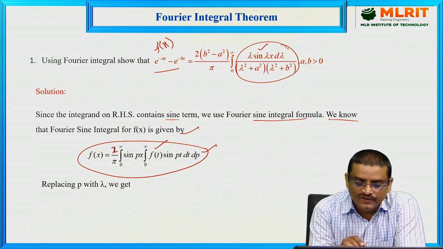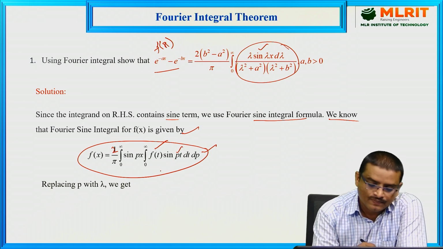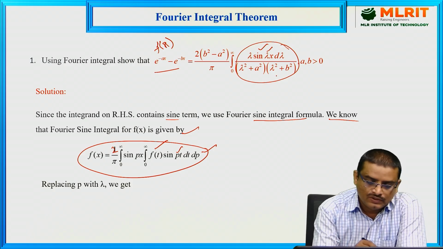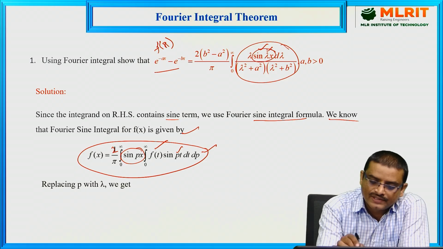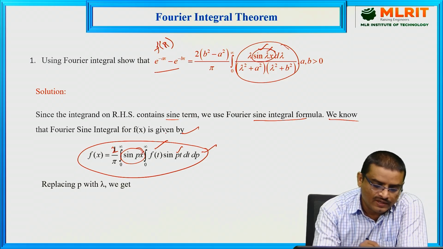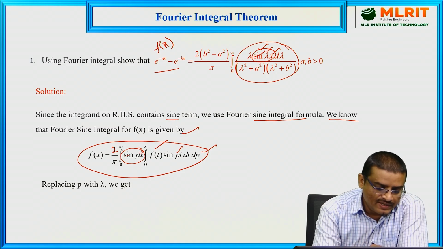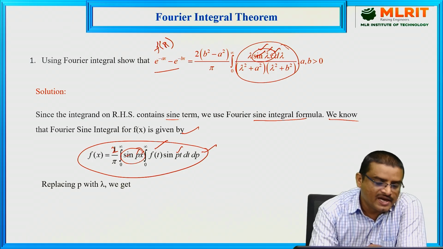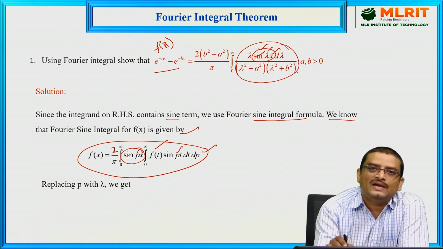And one more thing, if you observe this problem, we have the formula in terms of p, but here we don't have the p. In place of p, in this sine px, here we are having sine lambda x. So x is okay, sine is also okay, and in place of p here we are having lambda. So we have a standard formula in terms of p, but we have to prove the condition in terms of lambda.